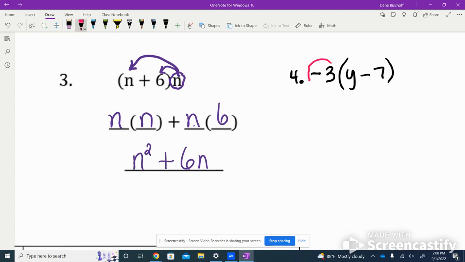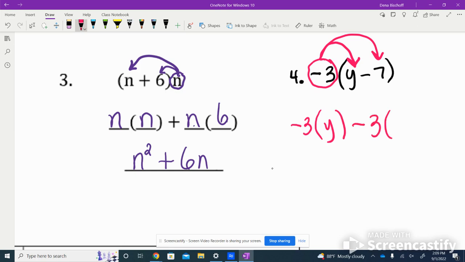So what number am I multiplying outside the parenthesis? -3. So I'm going to draw my arrow. So that means I have to take -3 times y. But I also have to take -3 times what? Yeah, -3 times -7. Do you see that?